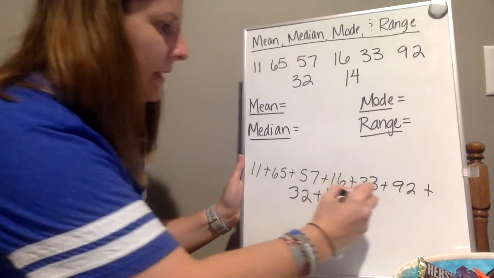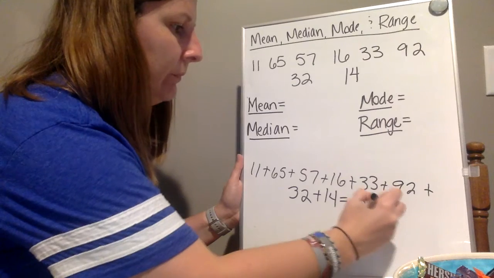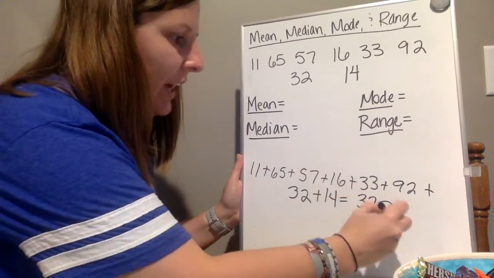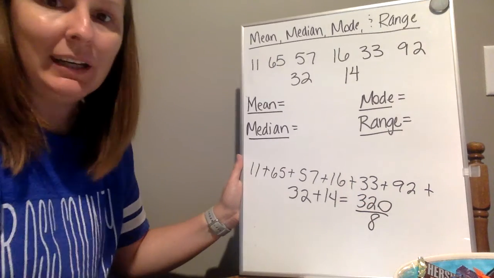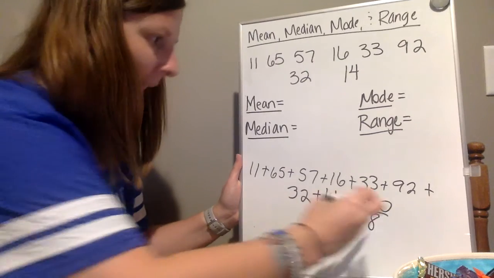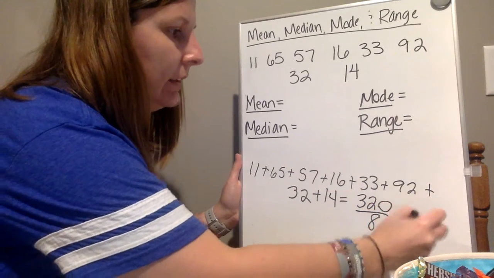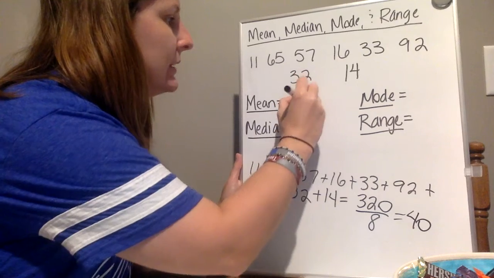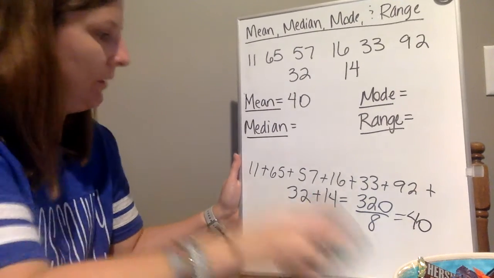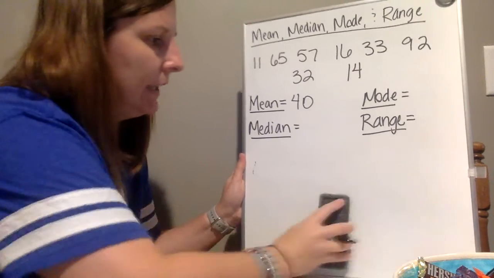That number is 320. When you add all those, it's 320, and then we're going to divide by 8 because that's how many numbers we have. 320 divided by 8 is 40. So our mean for this set of numbers is 40. I'm going to go ahead and erase this.